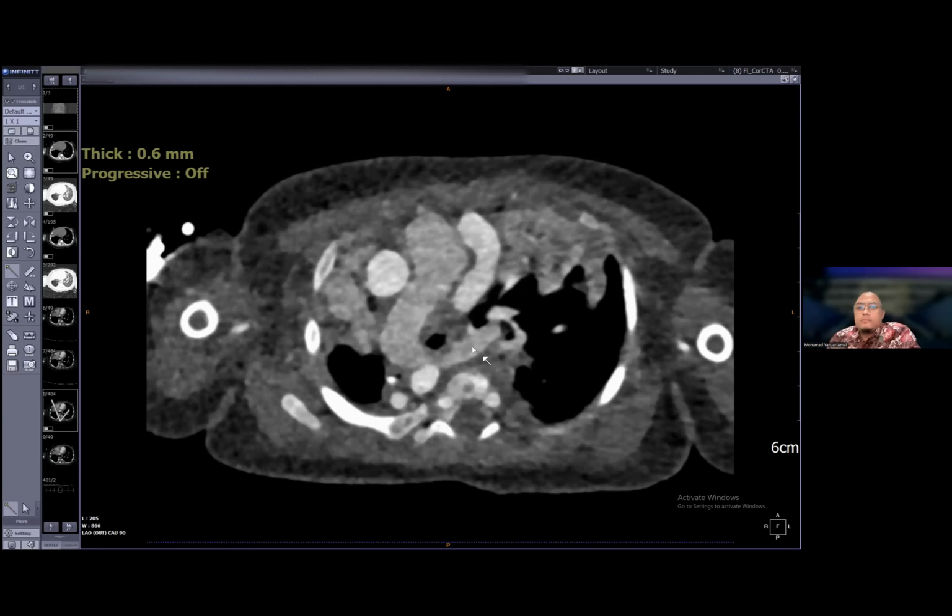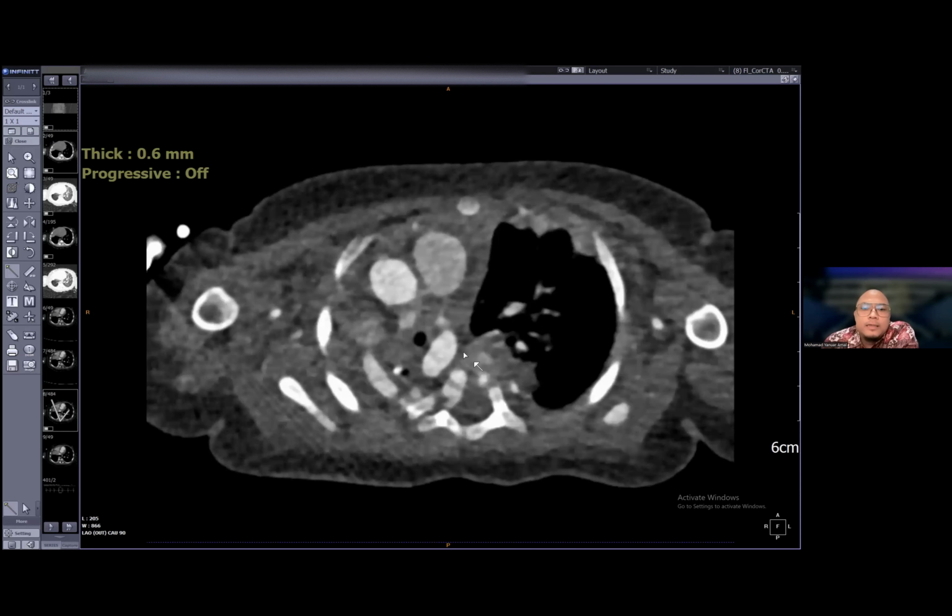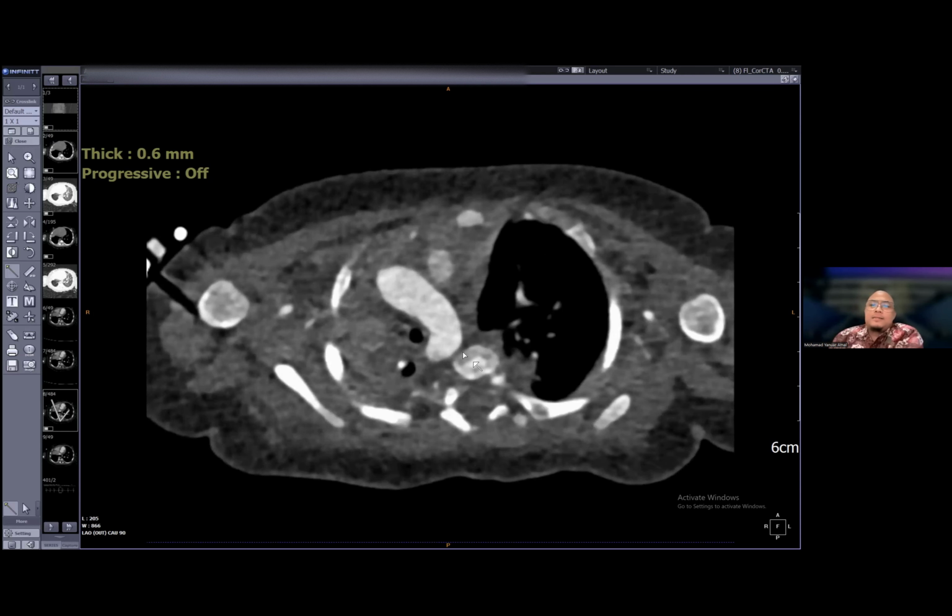But the more interesting thing about this patient is, when we use imagination, it's like a spiral moving of the vessels around the trachea.